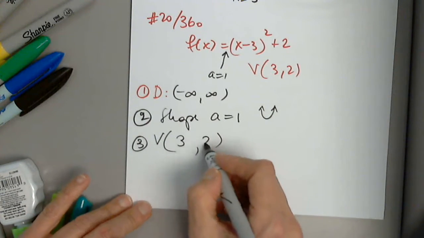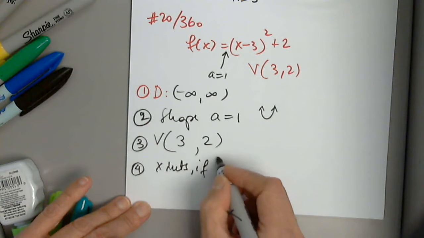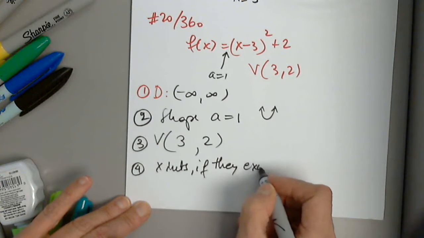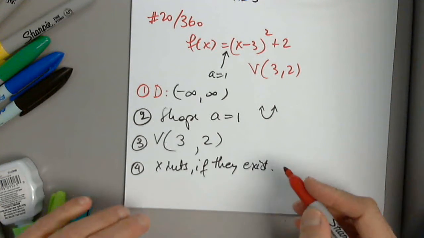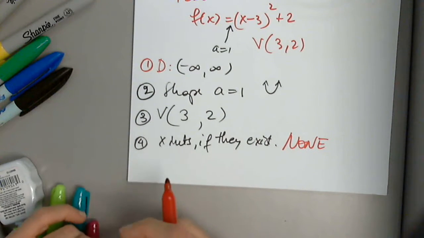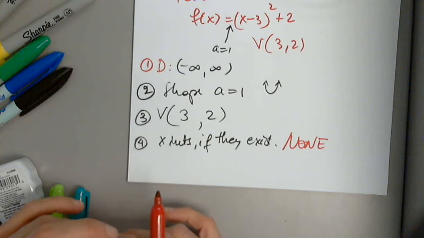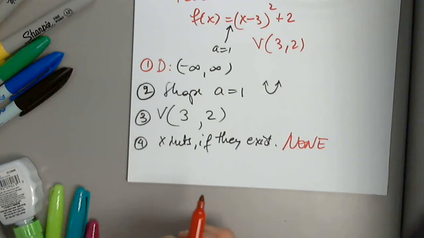Yes, 3, 2. Number 4, x-intercepts, if they exist. If they don't exist, I don't want to spend my time on that. It's a waste of time. So do they exist? No, none. Forget about them. They don't exist. Because the discriminant is negative, then they don't exist. It's the vertex.